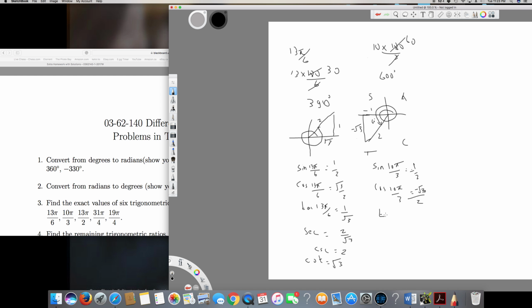And tan 10 pi over 3 is going to be equal to what? This one over this one is going to be 1 over root 3.